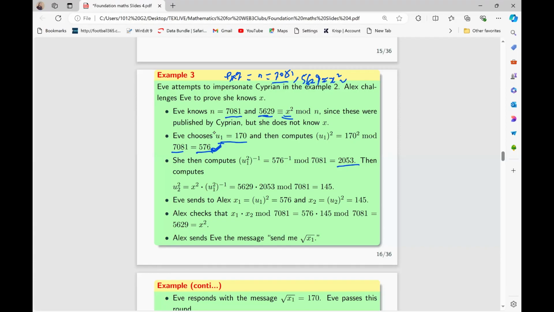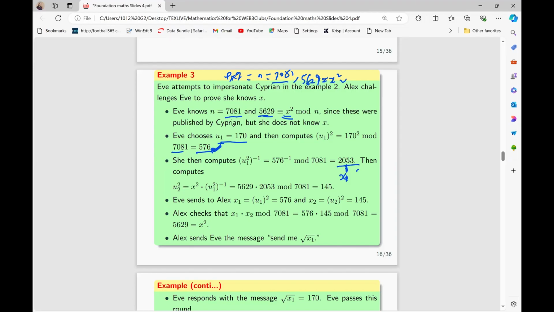Now, since she has this inverse, she calls this square, which is 576, x1.